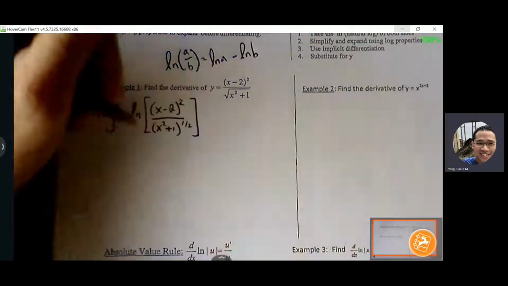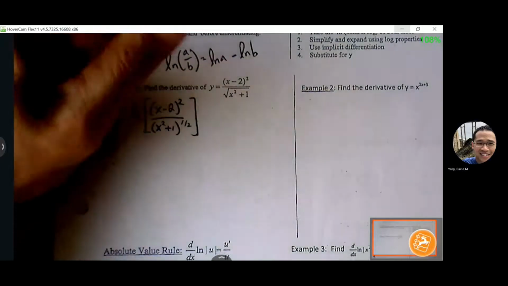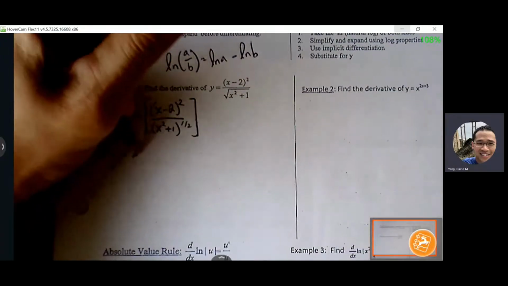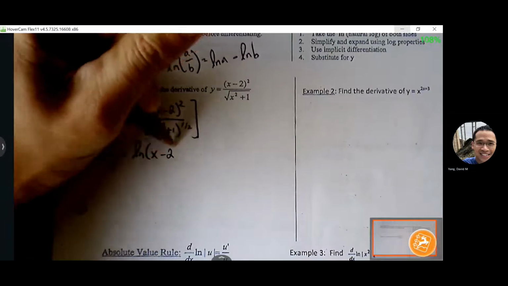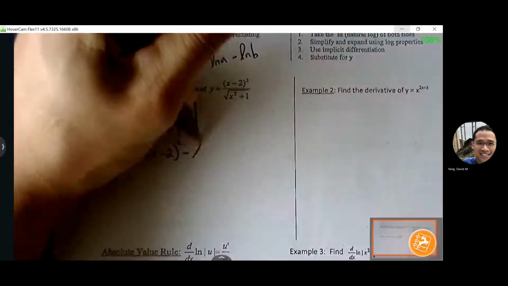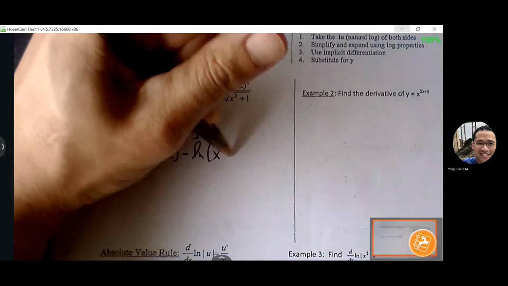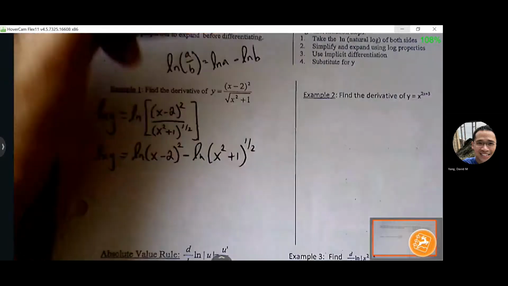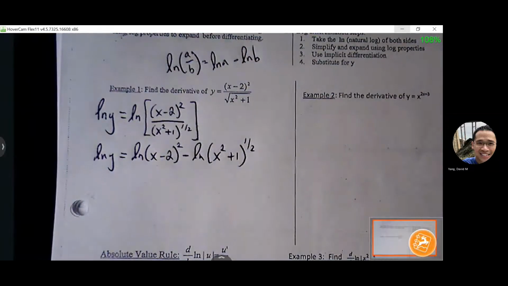So now we have basically smaller problems to solve. Okay, so we haven't done anything with derivatives yet. All we're doing is all these steps so that our derivative can feel easier.